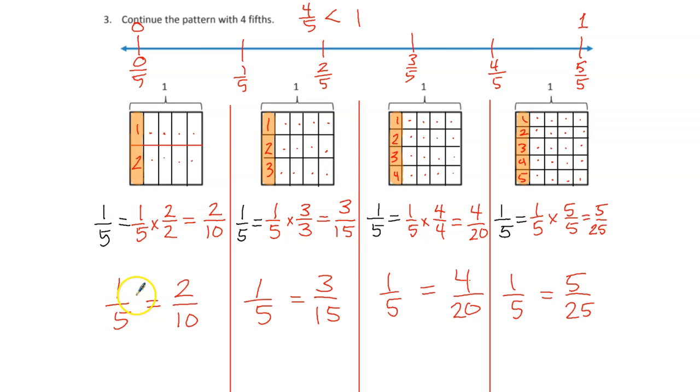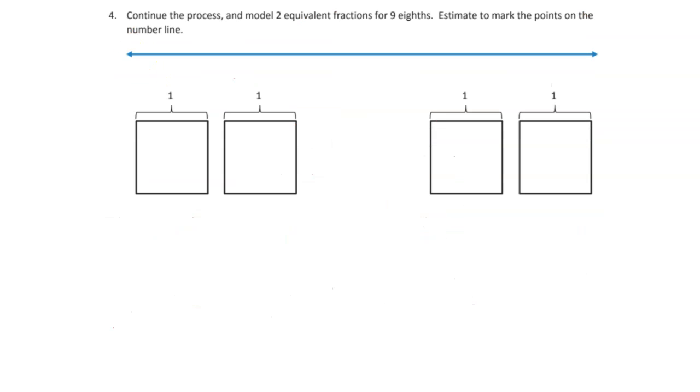So they're all skip counting. So we had 2, 3, 4, 5, and then we had 10, 15, 20, 25. Skip count my 1s up top and my 5s at the bottom. Look for those patterns. Alright, last but not least, number 4 here.